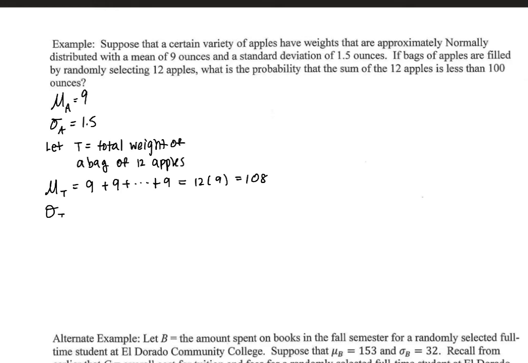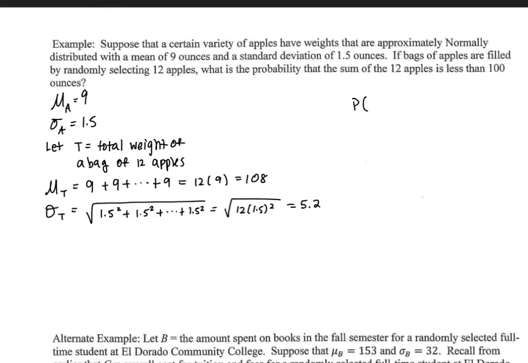Standard deviation is going to be the square root of 1.5 squared plus 1.5 squared, and so on, 12 times. Or you could just multiply that, 12 times 1.5 squared, and you get 5.2. So we have our new mean and our new standard deviation.